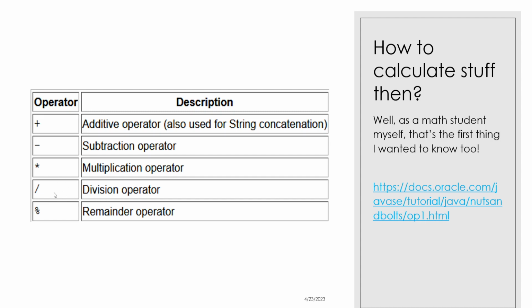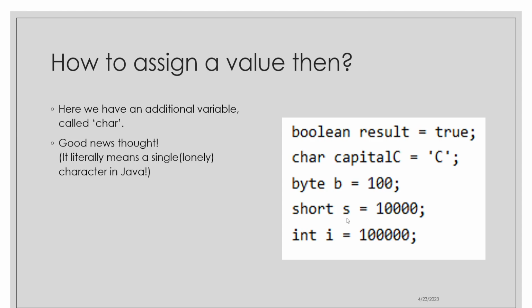And if you want to divide, you use the slash. An interesting one is the percentage. It's usually a remainder, and it's used mostly for specific types of functions. We're not going to look at it today, probably in a future video. But you can find more on this link, which I'm going to show you later at the end of the video.